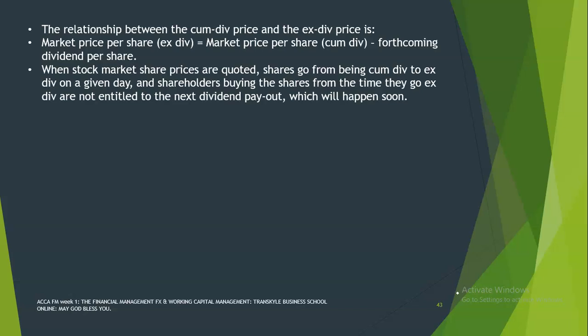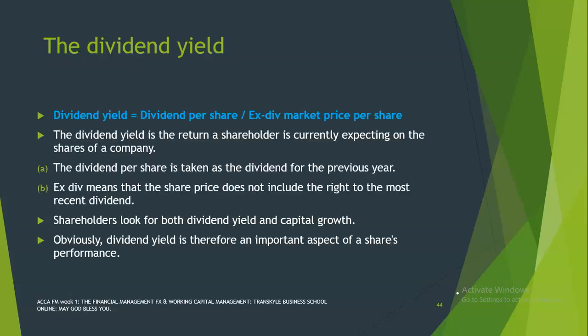When share prices are quoted, shares go from being cum div to ex div on a given day, and shareholders buying the shares from the time they go ex div are not entitled to the next dividend payout, which will happen soon. So, as an investor or finance manager, you need to have that appreciation.